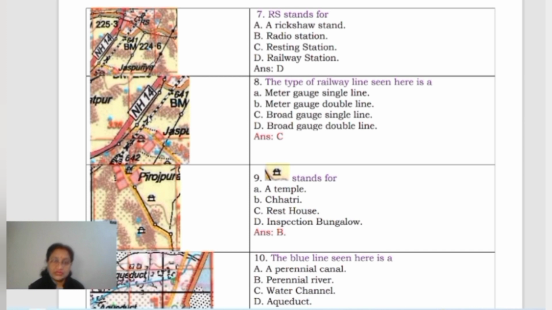It was made very clear which is broad gauge, which is meter gauge, and the single line and double line. So here it is a simple broad gauge line with a single line. So C option is correct.